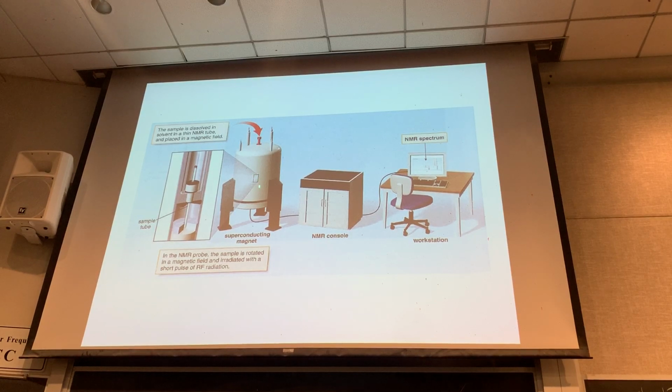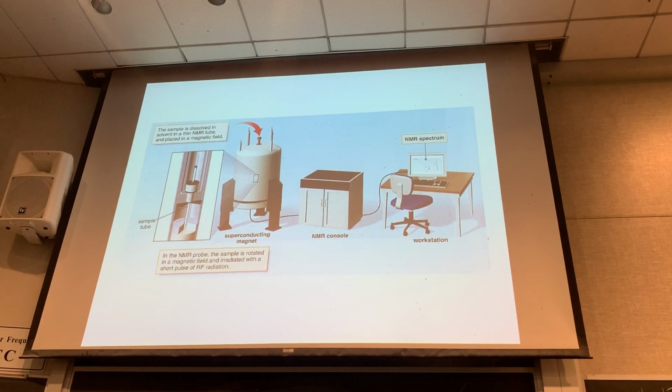Inside, right in the center here, this is where the sample goes in, and inside we say this is the probe region. This is where all the electronics are. Both the RF frequency pulse generator and the detector are wrapped around this sample position here. And so in the console here, we have the radio frequency generator and the electronics for the detector.